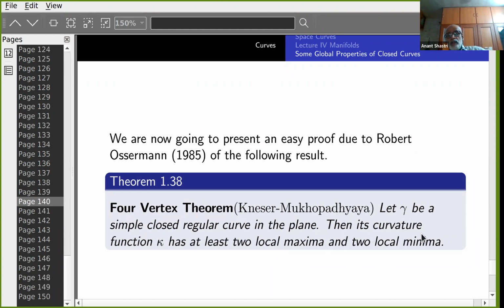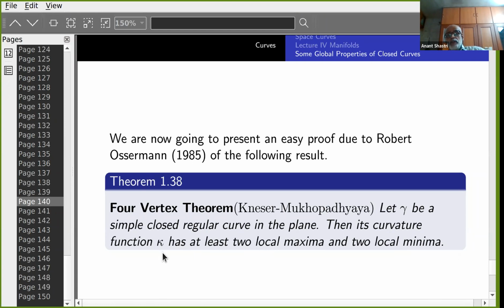Then its curvature function kappa has at least 2 local maxima and 2 local minima. So there are 4 points wherein this extremum takes place, or what you call the curvature function.